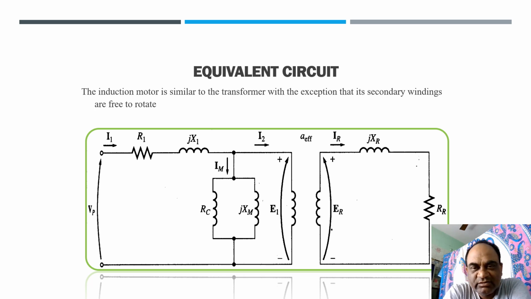On the right side of the circuit you have a closed circuit. So sometimes an induction motor is said to be a transformer with a closed secondary. Here the equivalent circuit has been shown in terms of a transformer, where the left side is given the supply and the right side is shorted to build EMF and rotate.